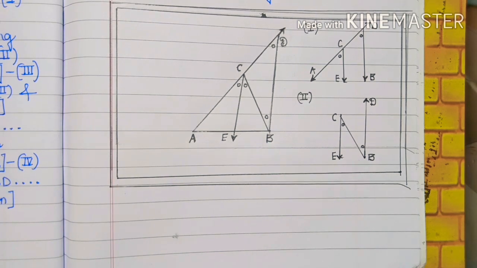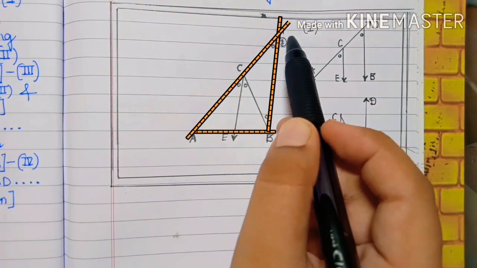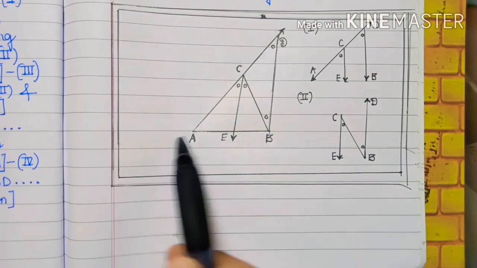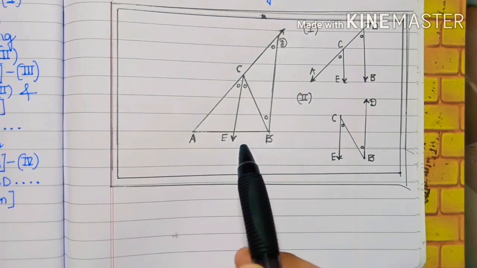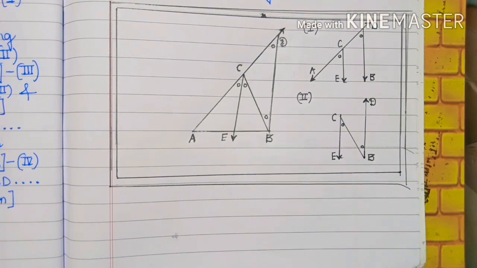And the next step tells us that in the bigger triangle ABD, segment EC is parallel to segment BD as per construction.